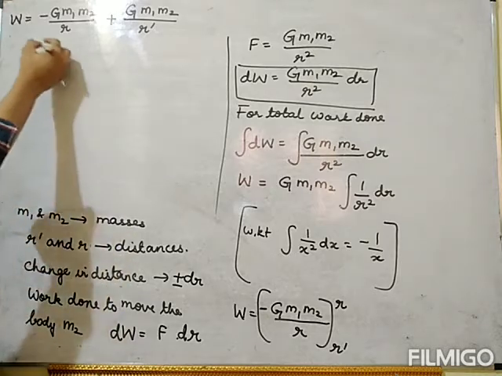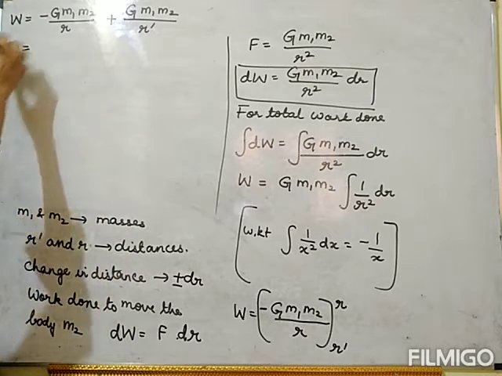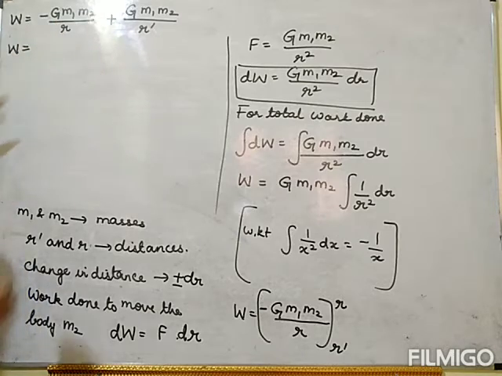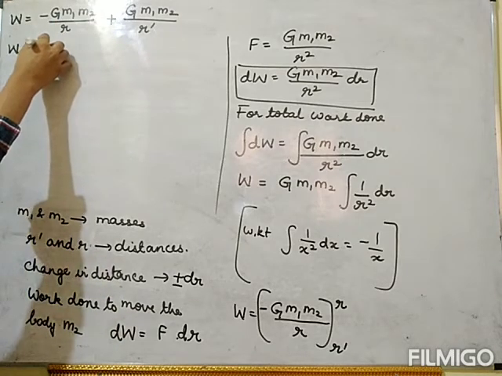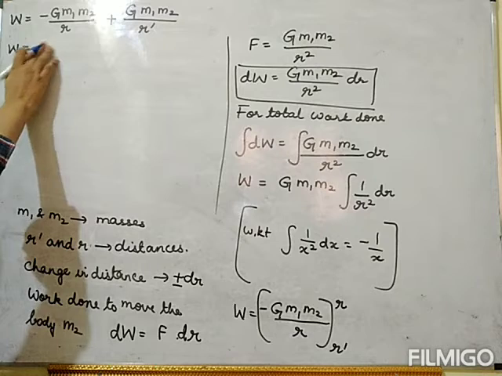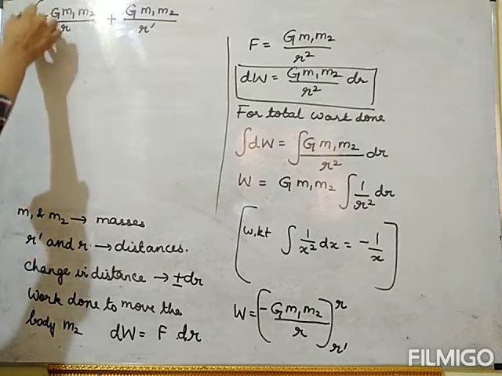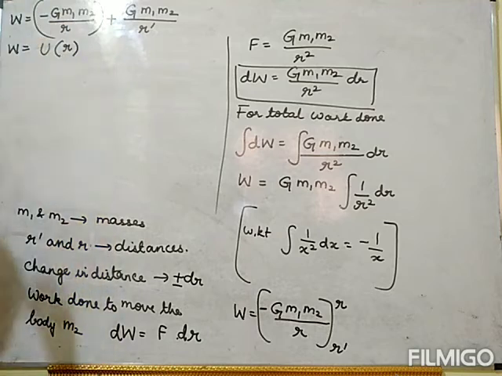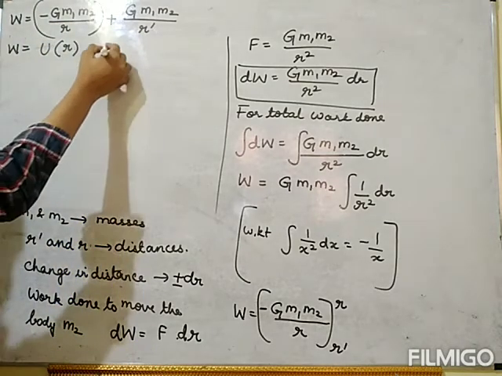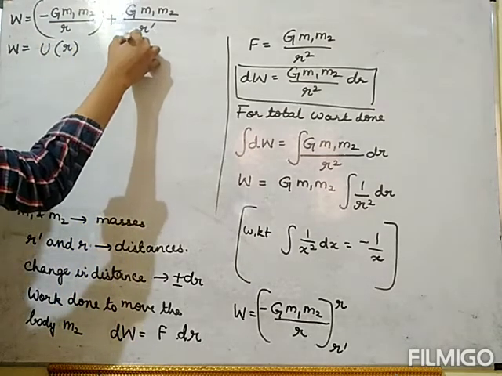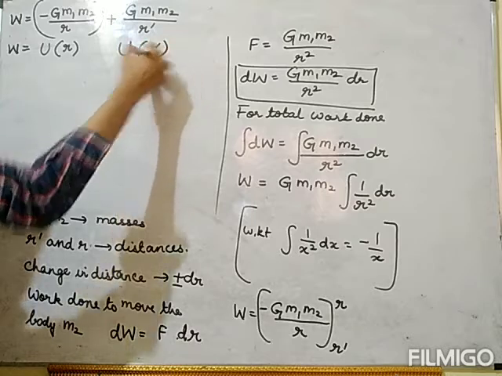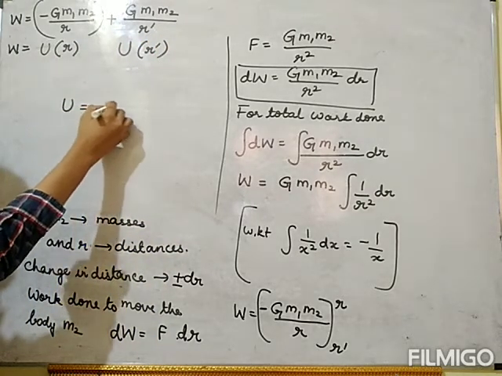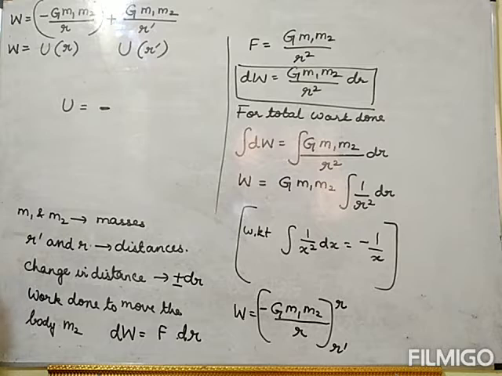So W is equal to, this is nothing but potential energy. This is the potential energy at the distance r, and this is the potential energy at r dash. The potential energy formula is always negative.